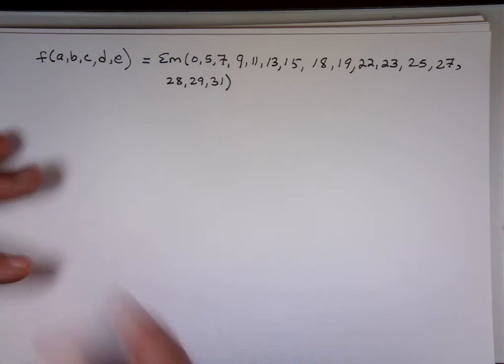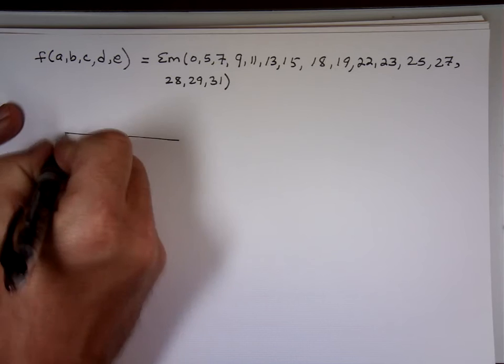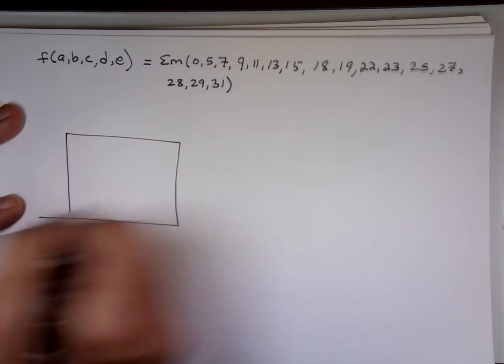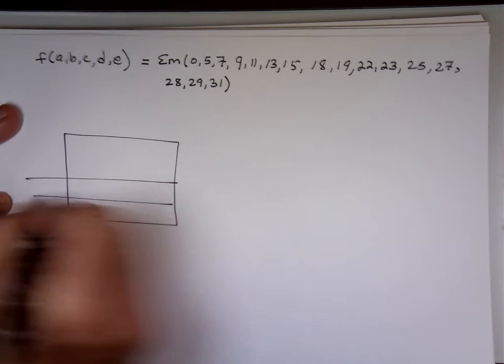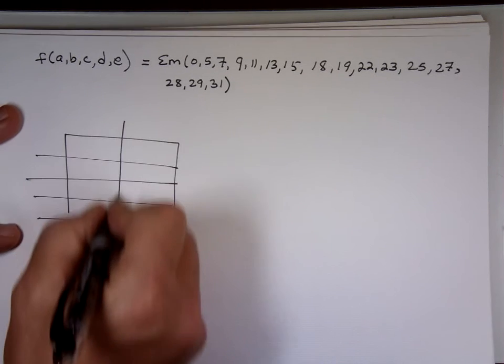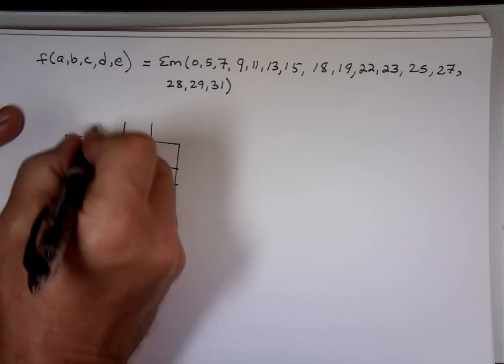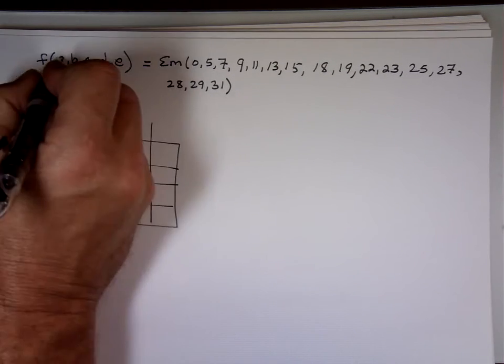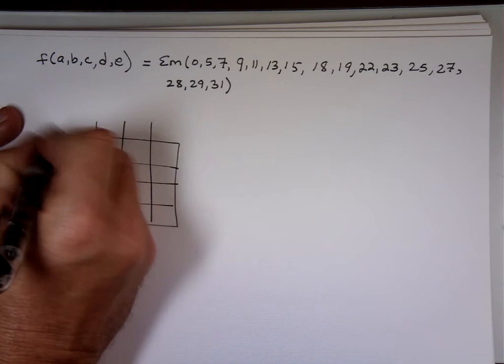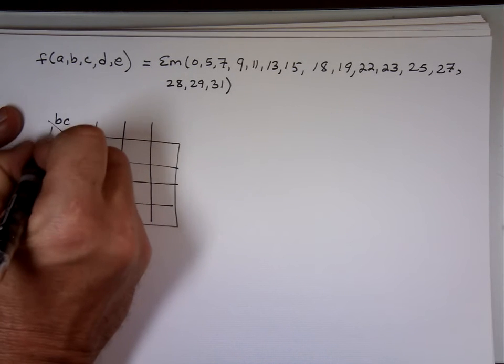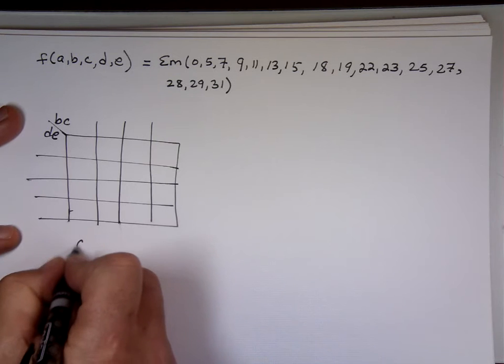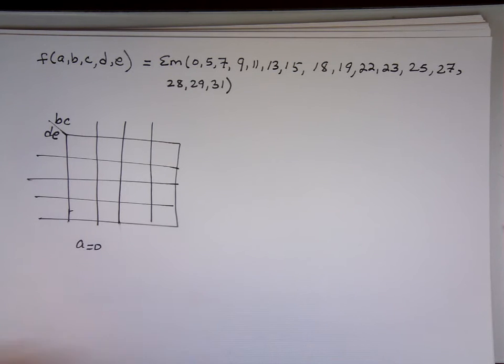Again, if it's 5 variables, we make 2 sets of them. Since A is written on the left, that's the most significant. So this is B, C, D, E. This group when A equals 0.